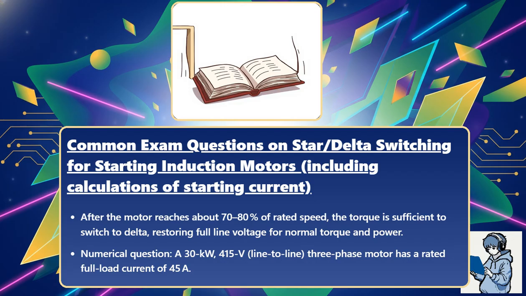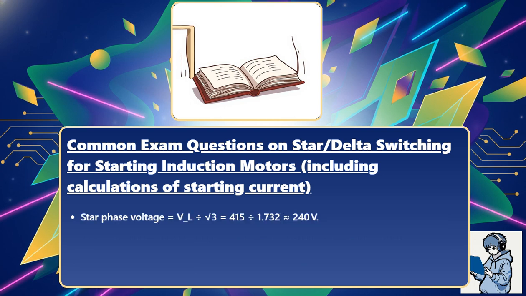Numerical question: a 30 kilowatt, 415 volt line-to-line three-phase motor has a rated full load current of 45 amperes. Star phase voltage equals V_L divided by square root of 3 equals 415 divided by 1.732, approximately 240 volts.